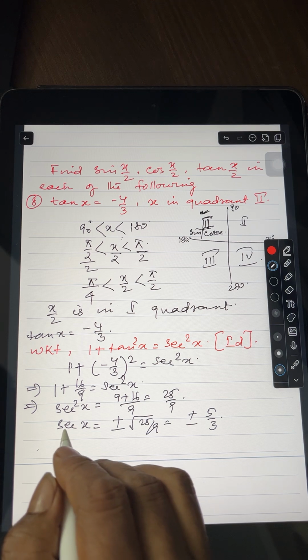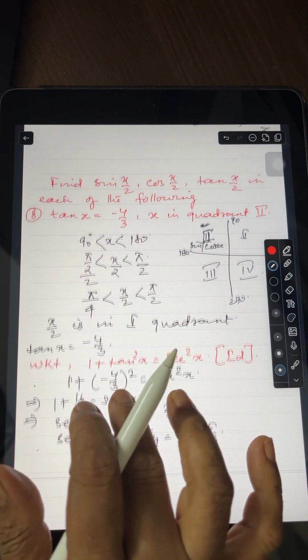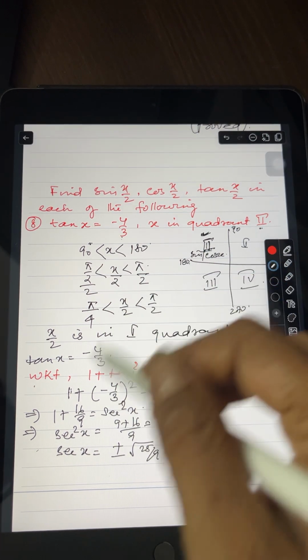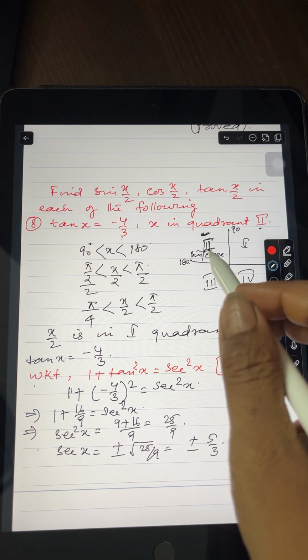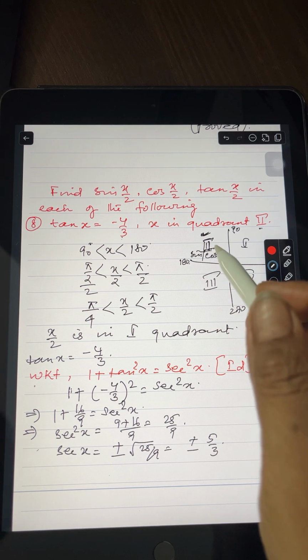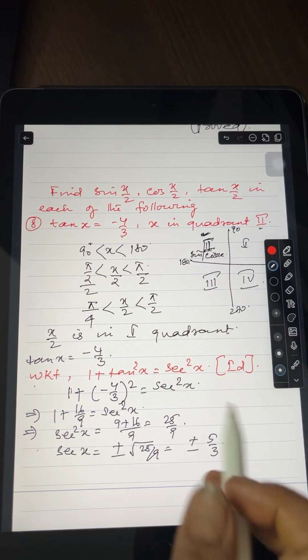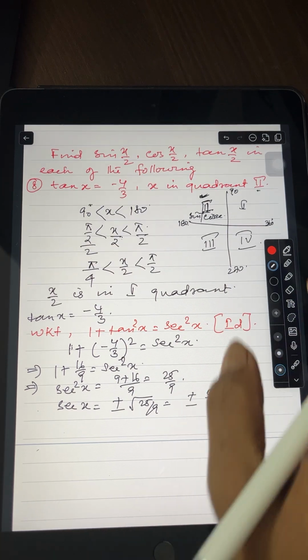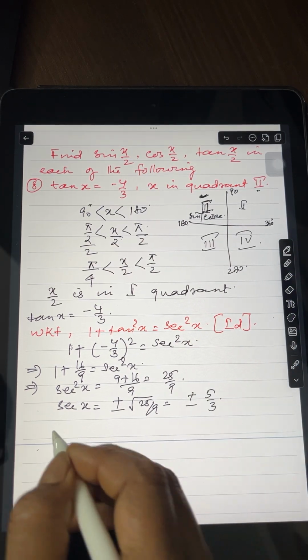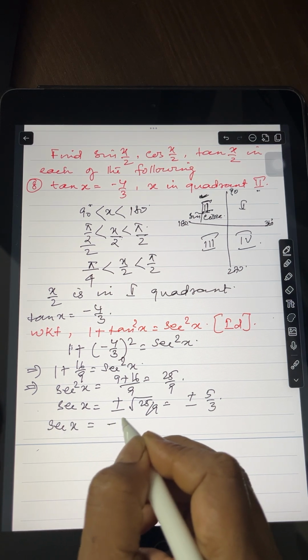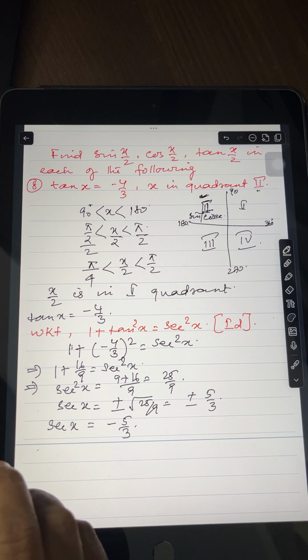So you see secant x. X is in which quadrant was given? Second quadrant. So when x is in the second quadrant, is secant theta negative or positive? Negative. In the second quadrant, secant theta is negative. So secant x is equal to minus 5 by 3.